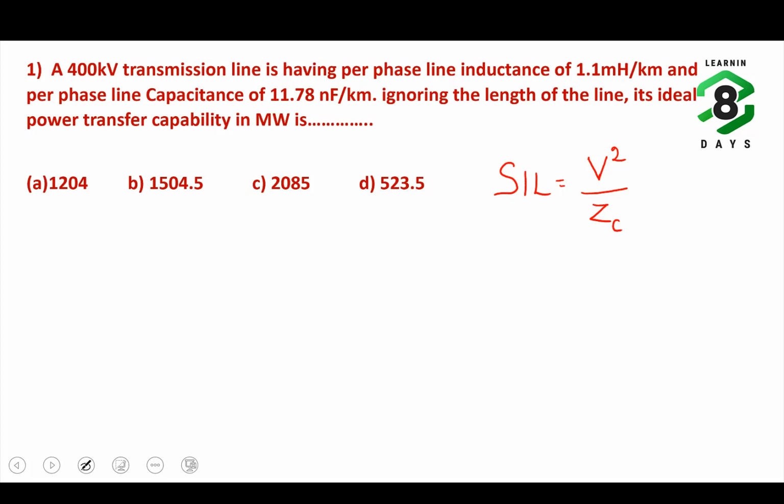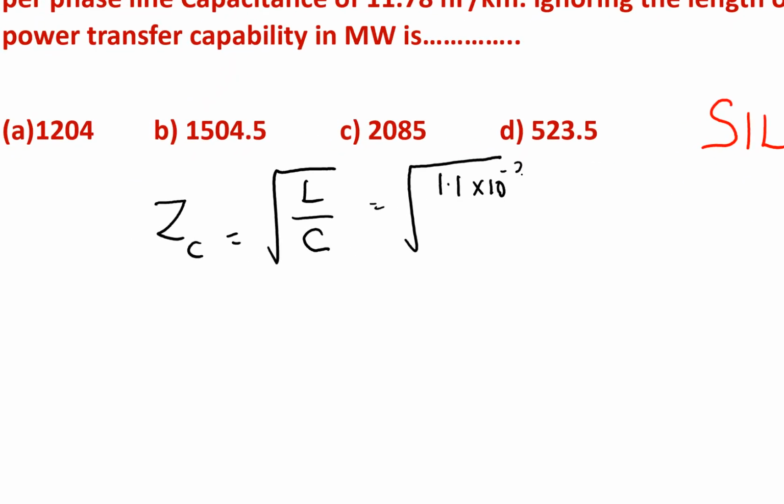So what is the formula for ZC? First we have to calculate ZC. In this case, ZC is given by square root of L by C because it is a lossless transmission line. With the given values substituted, what is the L value he has given? 1.1 into 10 power minus 3, because he has given in millihenry per kilometer.